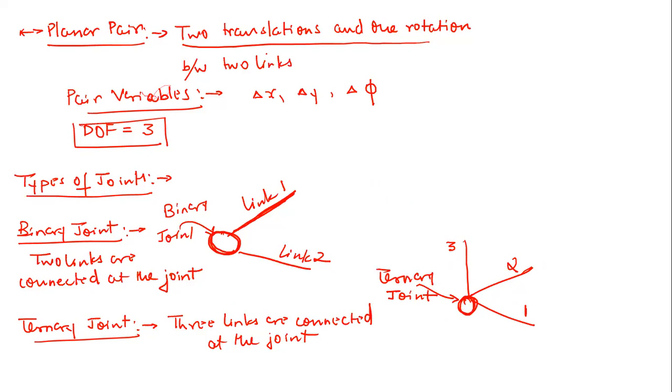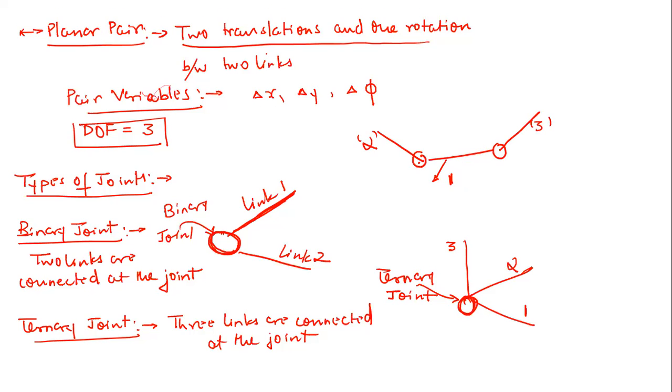Now just remember, many times students get confused between binary link and binary joint. If a binary joint is there, then 2 links will be connected at the joint. And if a binary link is there, then it will have 2 connections, or you can say one link will be connected to 2 other links. That is, link 1 is connected to link 2 and link 3.